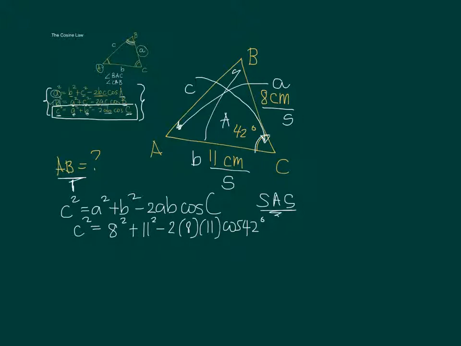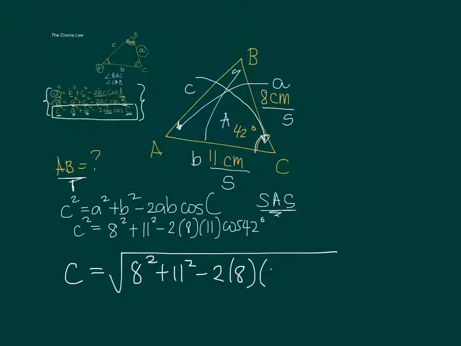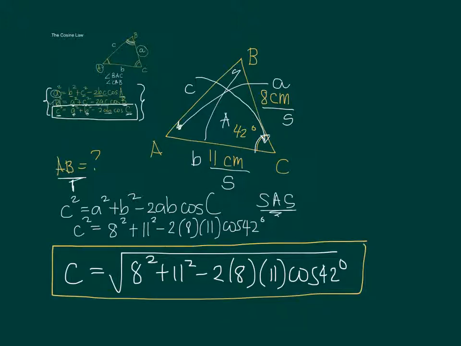And then to find C, C should be the square root of 8 squared plus 11 squared minus 2 times 8 times 11 cosine of 42 degrees. Once you compute this value, then that will give you the value for C, which is what we're looking for. So this is the side AB, which is equal to C. I'll be leaving that to you as an exercise.